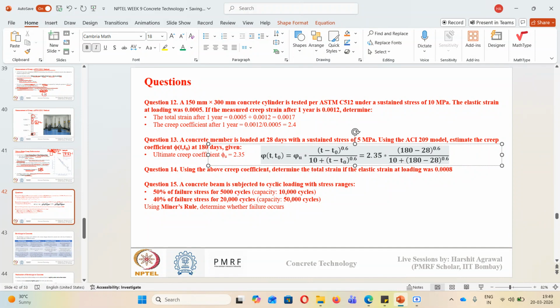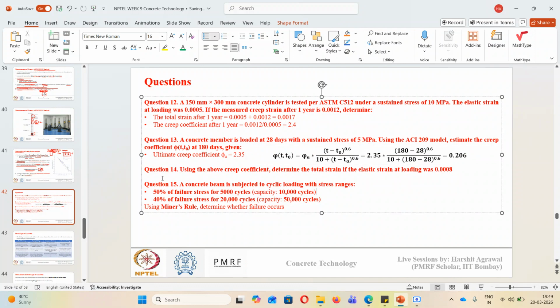When you do this calculation, you will get a creep coefficient of 0.206 after 180 days under loading.